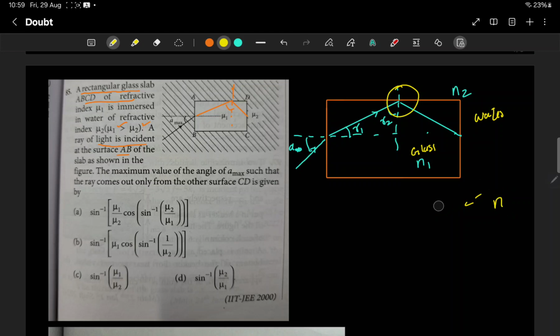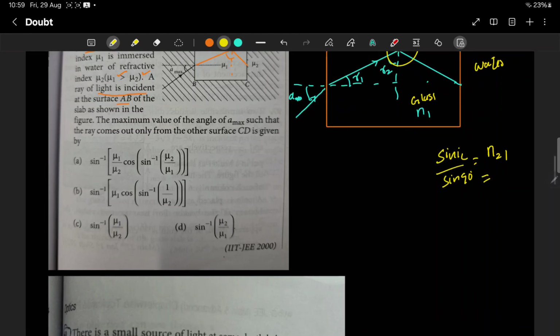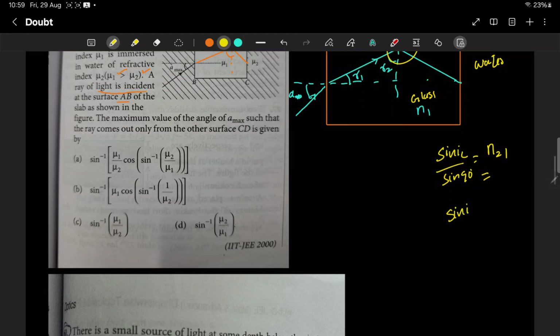Let me rewrite it once again. Here sin Ic by sin 90 degrees is the refractive index of 2 with respect to 1. If the light is going from glass to water, sin Ic, that is the R2 I wrote, is equal to the refractive index of 2 with respect to 1. Then you get sin Ic equal to N2 by N1.